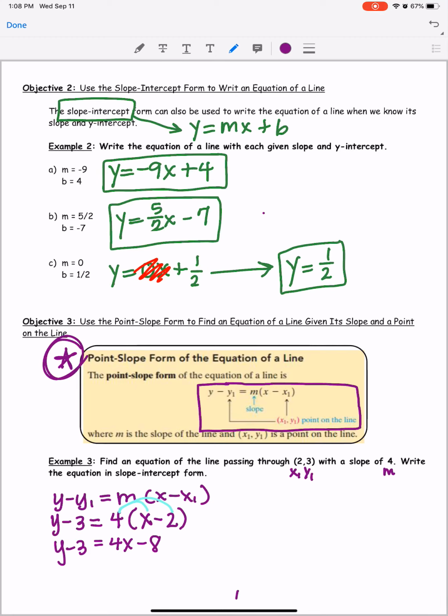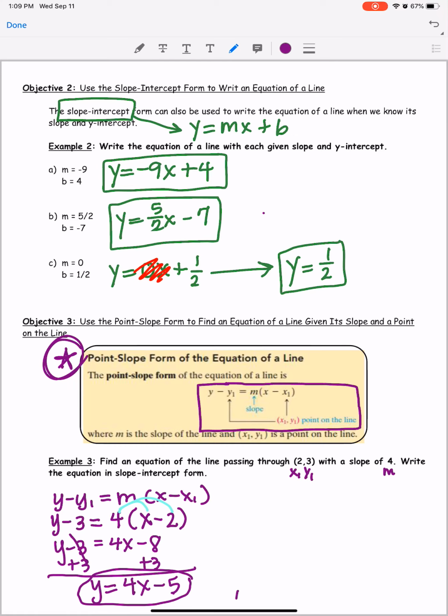And then to get y by itself, whatever's over here, you're either adding or subtracting something over. In this case, because we're minusing 3, we're going to add 3 over. So I get y equals 4x, negative 8 plus 3 gives me negative 5. So that is my answer.